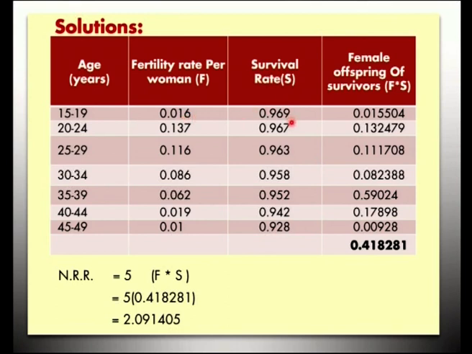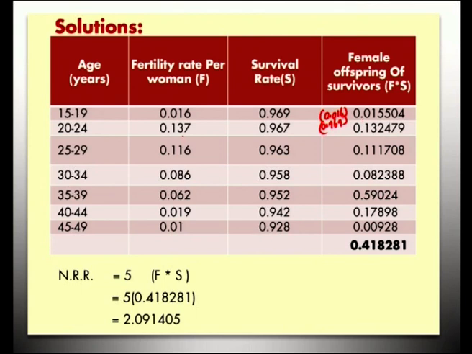0.016, the survival rate is given, and then the female offspring of survivors is F into S, that is fertility rate into survival rate. This particular value 0.015504 is obtained by multiplying 0.016 with 0.969.